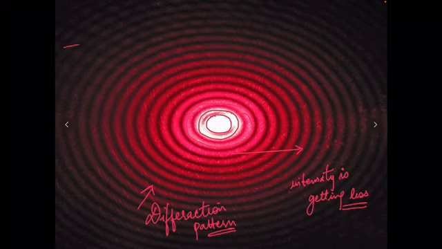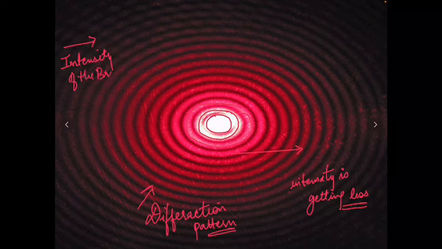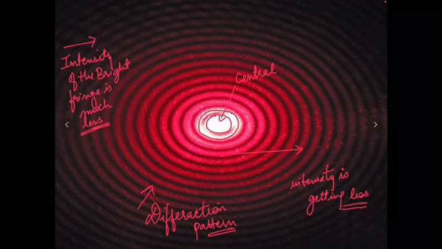As you can see in this particular region, the intensity of the bright fringe is much less. Yes or no, right? Why is that? Because we have moved a very far away distance from the center, but at the center we will get the central bright fringe, right?